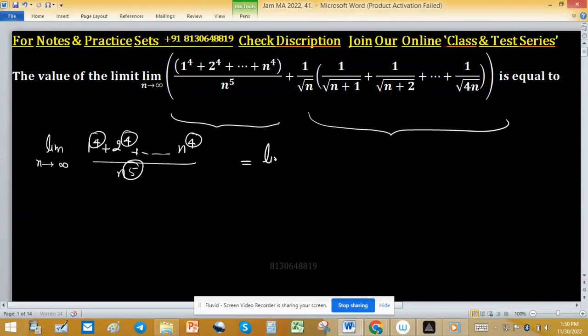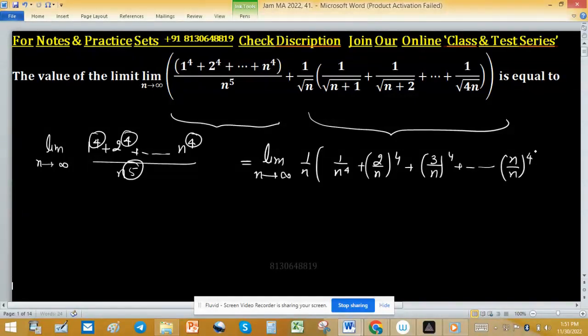So I can write limit n tends to infinity of 1 upon n, within the bracket, 1 upon n raised to the power 4 plus 2 upon n raised to the power 4 plus 3 upon n raised to the power 4 plus, and so on, n upon n raised to the power 4. You can write this one.